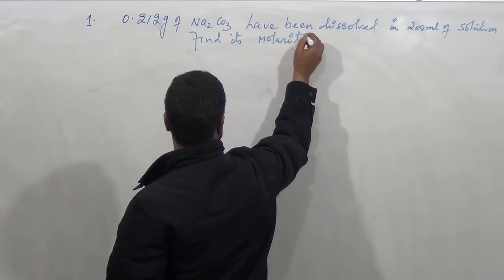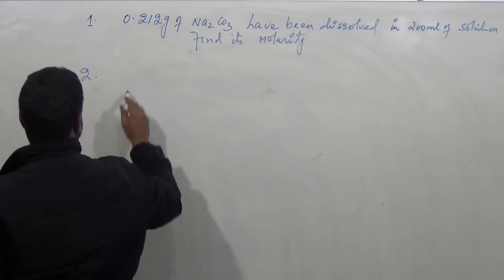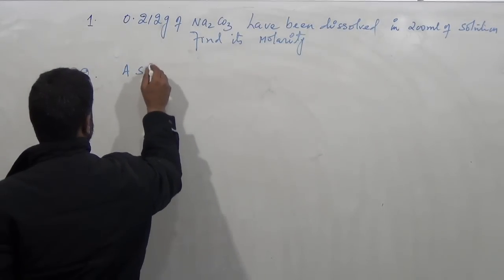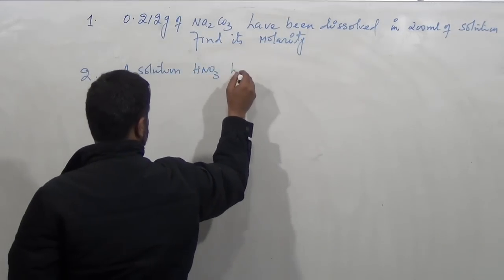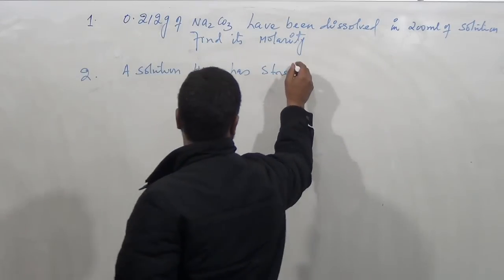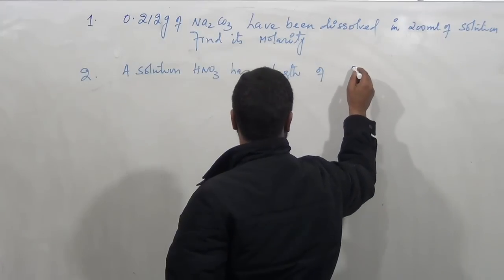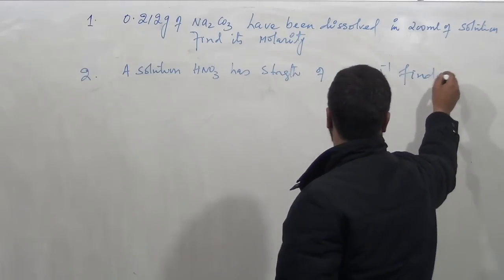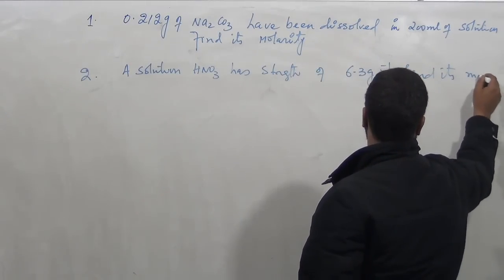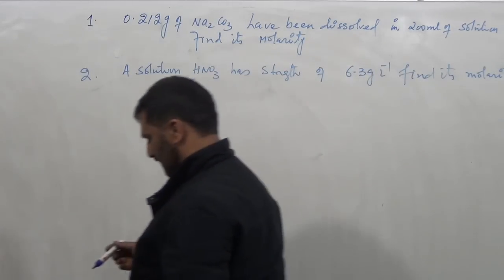So this is question number 1. Then question number 2: a solution of HNO3 has strength of 6.3 grams per liter. Find its molarity.